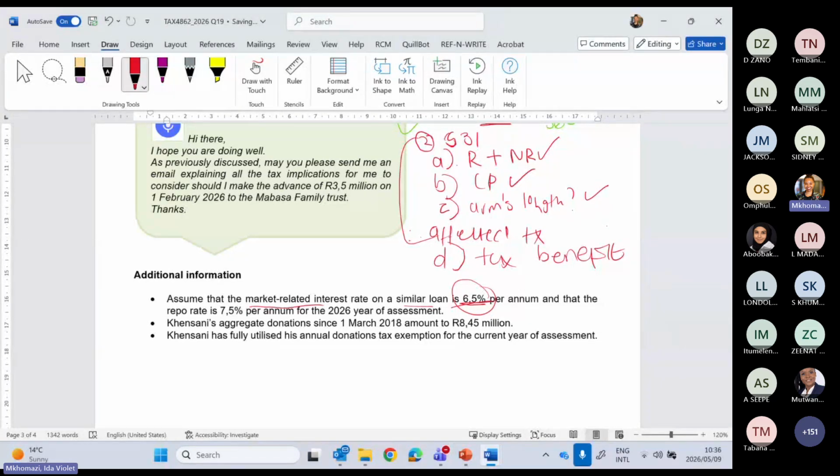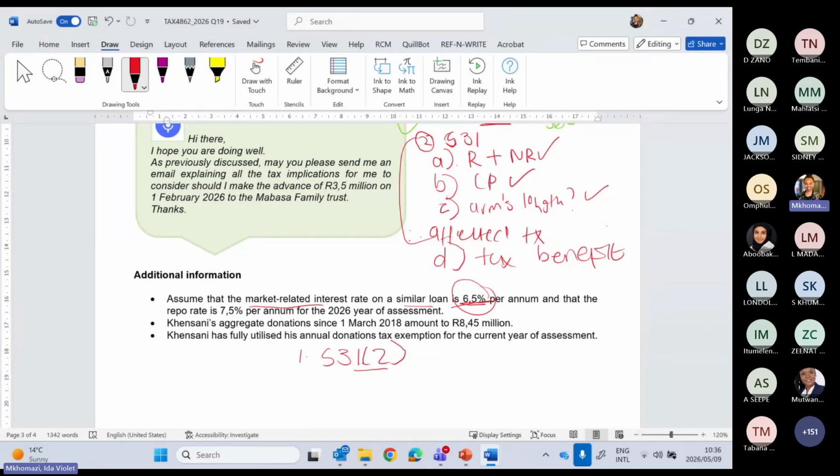Since we are saying that Section 31 is applicable, you need to discuss the implications of it. If you remember, there are two. I said that you need to tell us about the primary transfer pricing adjustment, which is in Section 31(2). Basically, Kensani now has to include an amount equal to the arm's length or market-related amount in his gross income.